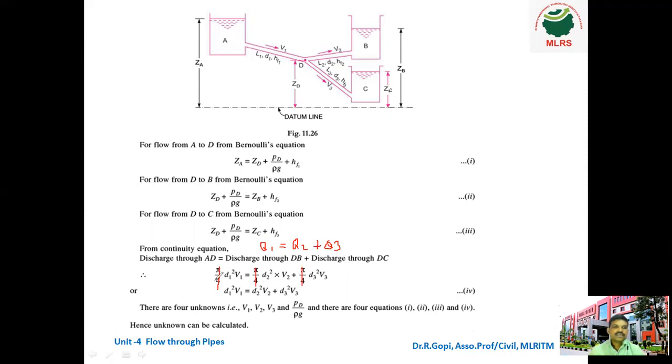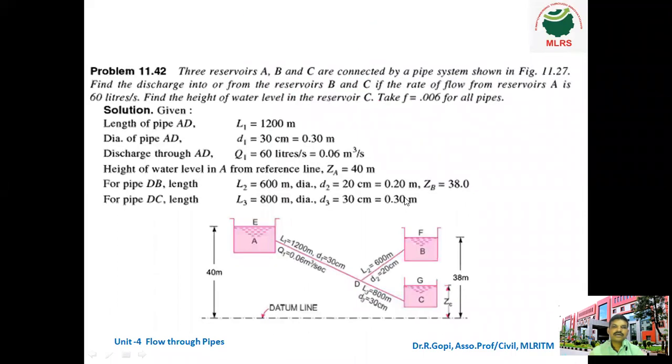Now you can see there are 4 unknowns: V1, V2, V3 and PD by rho g. The unknowns can be calculated further. With an example we can understand the problem.